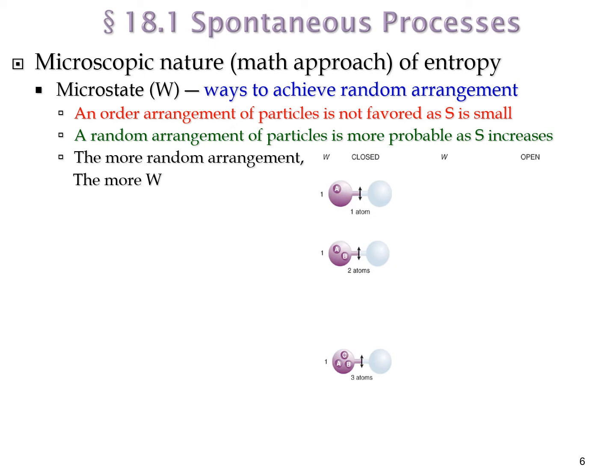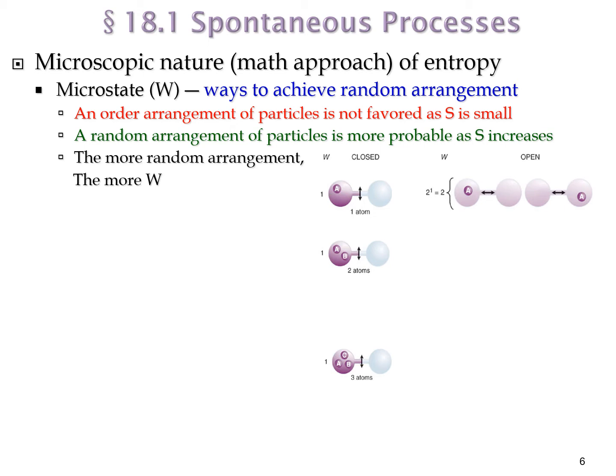But let's imagine what happens if we release the valve. If we have one particle on the left flask after the valve is open, we have the possibility of the particle moving to the other flask.